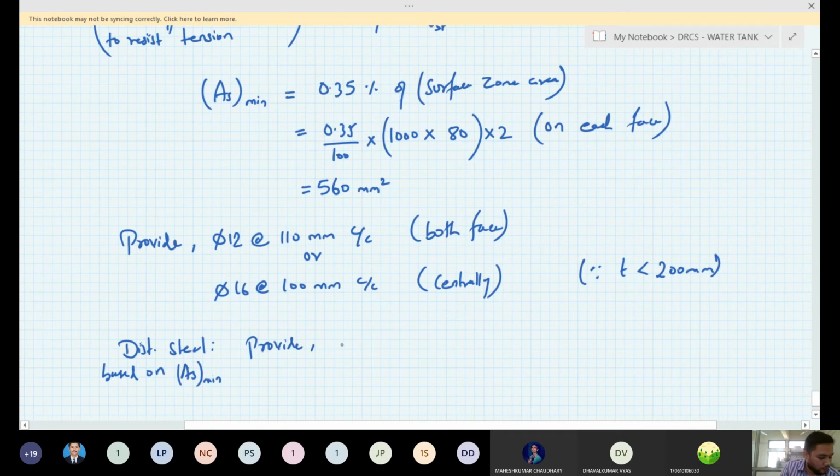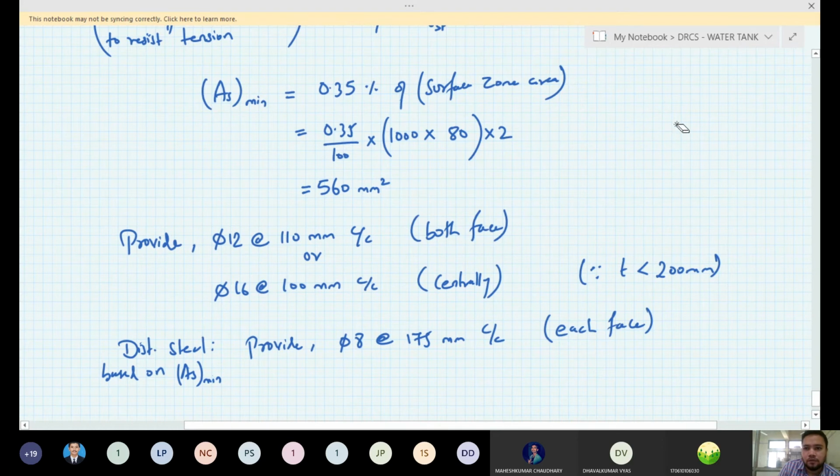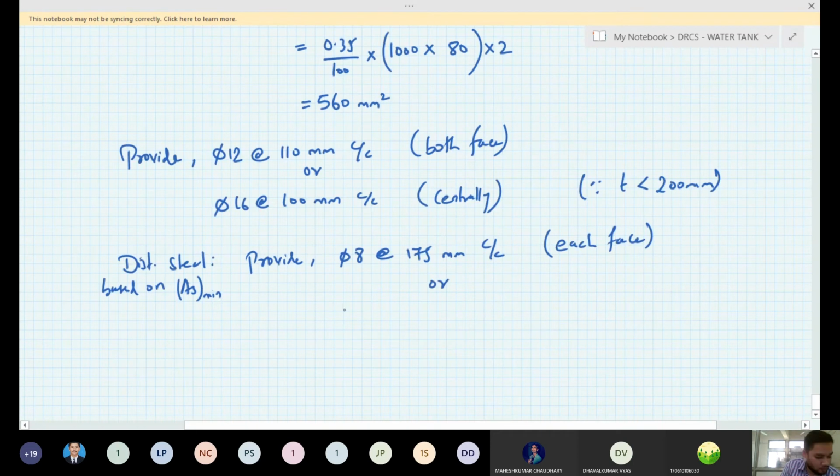So for that you provide 8 dia at 175 center to center on each face. Now here we have multiplied with 2, so no need to say each face, or you can provide 10 dia at the rate 140 mm center to center centrally.